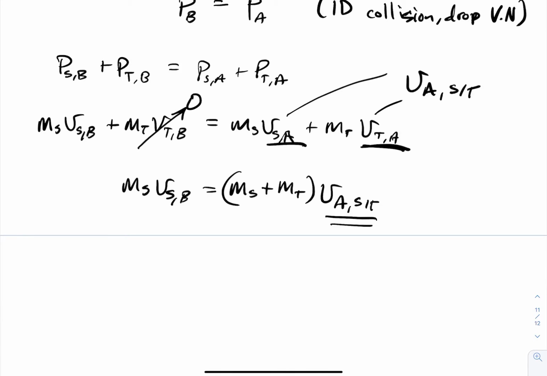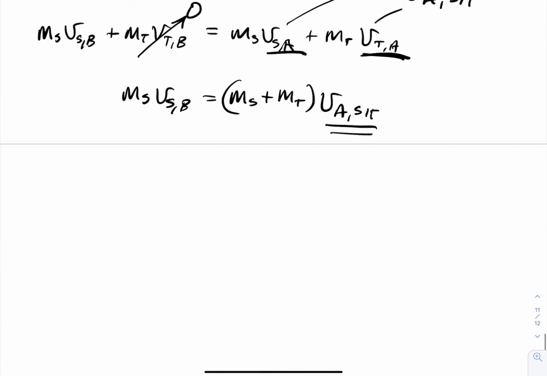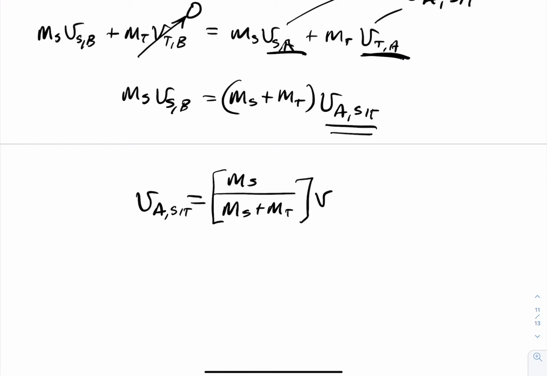That's what we're looking for, so I can solve for it and substitute into my original equation. So we get v after is equal to mass Smoot divided by mass Smoot plus mass tire, all times v Smoot before, which was given.